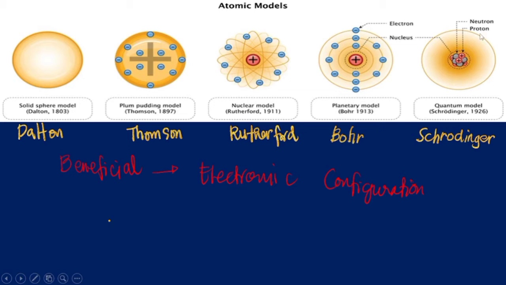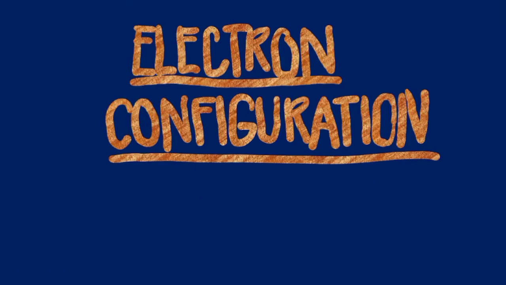And around this nucleus, or outside the nucleus of the atom, are the electrons. This model is beneficial for us to fully understand what we call electronic configuration. Now let us proceed to electronic configuration.